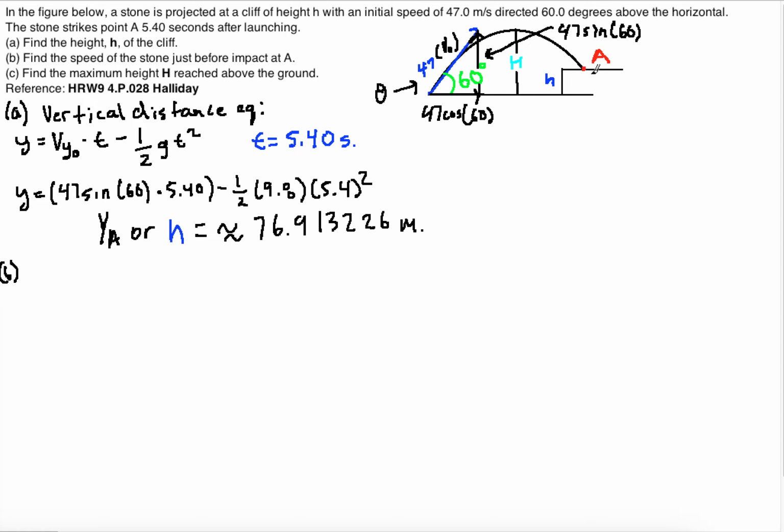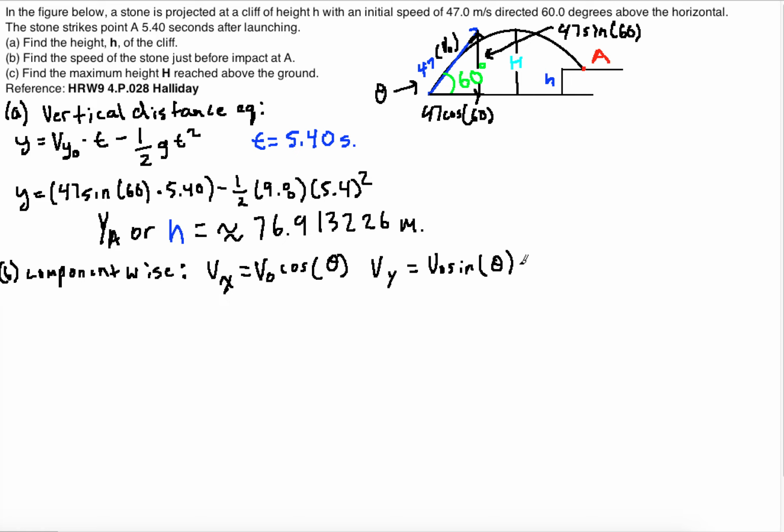So let's get started. First, let's write out the component-wise equations. The horizontal velocity is equal to V naught cosine of theta, and Vy, the vertical component, is equal to V naught sine of theta minus gt.